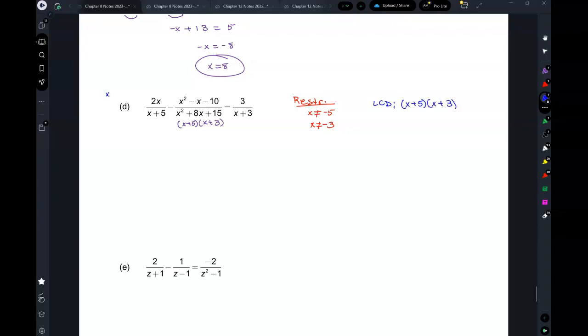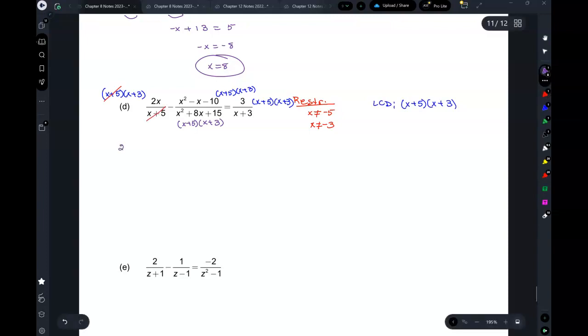Now multiply each part. Okay, so the x plus 5s go away. So I have 2x times x plus 3, minus, everything cancels here.